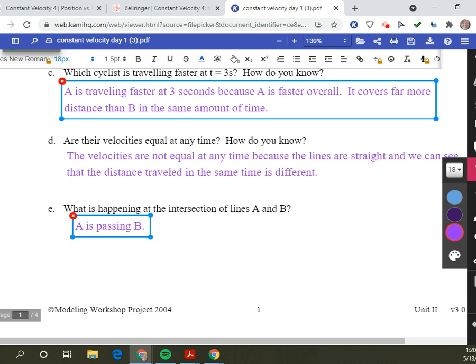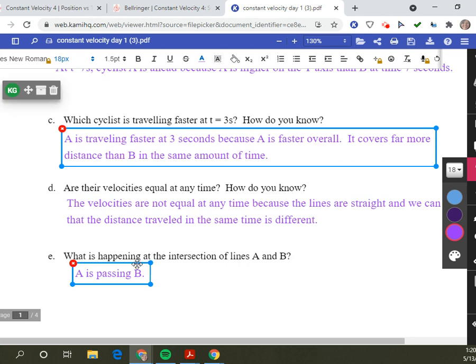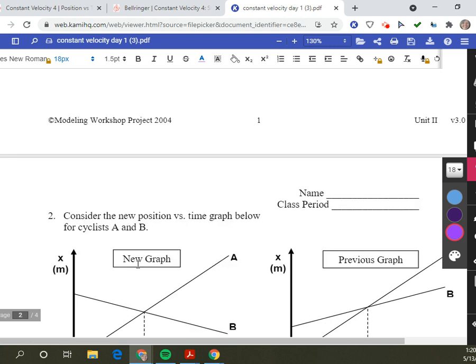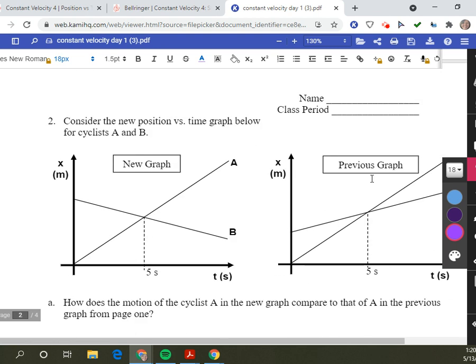All right, so we want to be really careful to know that we are trying to understand these graphs because you are going to have to read them yourself. Okay. All right. So now we're going to take that graph that we just looked at, which is now called the previous graph, and we're going to compare it to a new graph.